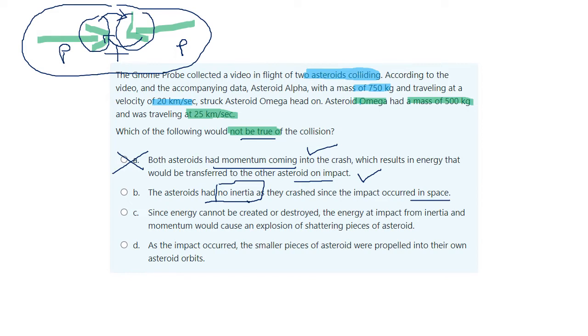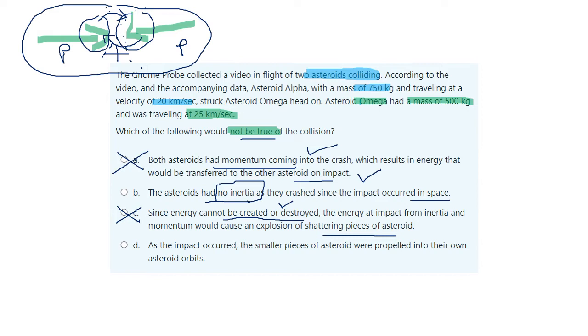C, since energy cannot be created or destroyed, true, the energy at the impact from inertia and momentum would cause an explosion of shattering pieces of the asteroid. Bits would explode. If you get two rocks and you hit them together at high speed, then one rock might crumble. There might be an explosion. C is also a true answer, so we remove it.